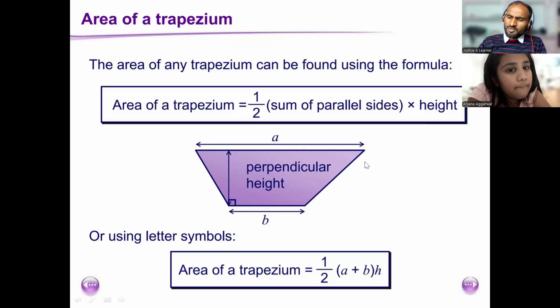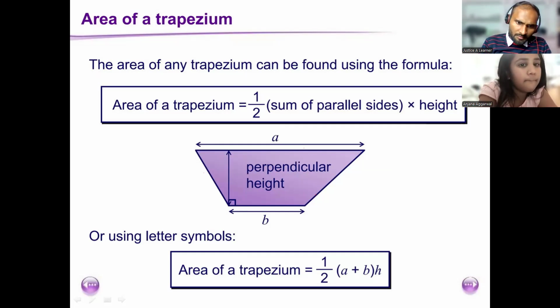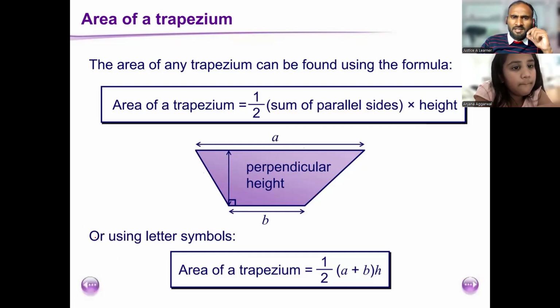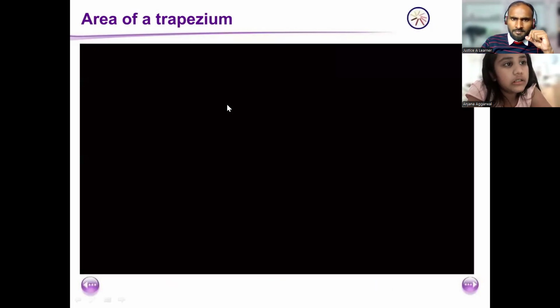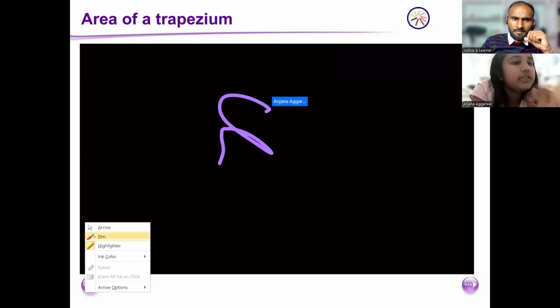Okay, if you want to solve a question, I'm giving you a question right now for this only. So let's say there is a trapezium. Can you draw it in the black space where there is a big black square?